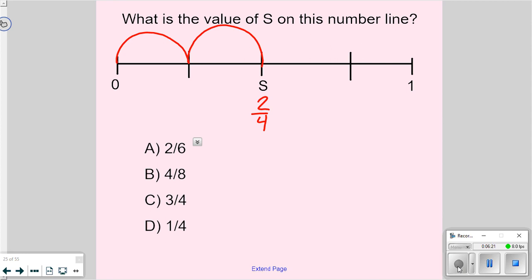Go ahead and get out 2/6. Get out your 2 1/6 pieces. I'm going to line them up and try to compare them and see if they're worth the same amount. What'd you find out with your 2 1/6 pieces?